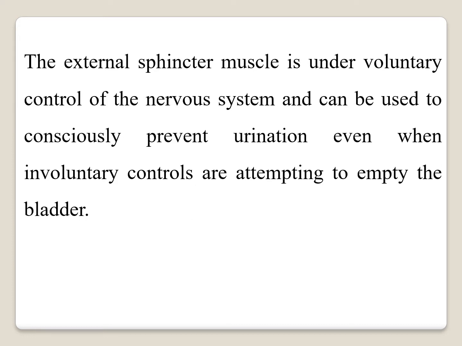The external sphincter muscle is under voluntary control of the nervous system and can consciously prevent urination in spite of the involuntary control attempting to empty the bladder, as we will discuss later.